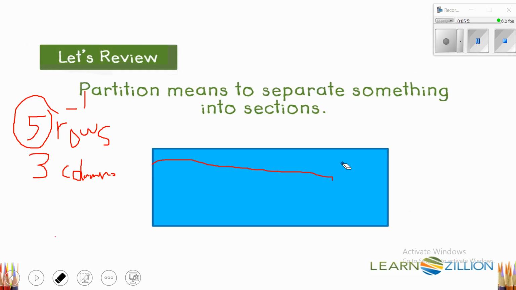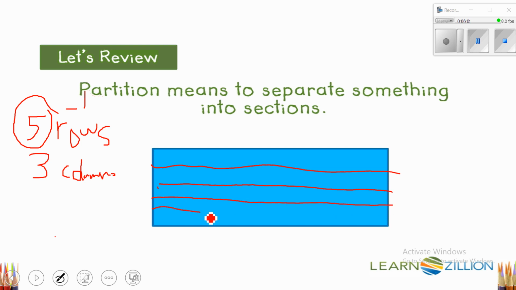Okay, let's erase now. So I have to make 4 lines. 1, 2, 3, 4. So I count how many rows I have: 1, 2, 3, 4, 5.